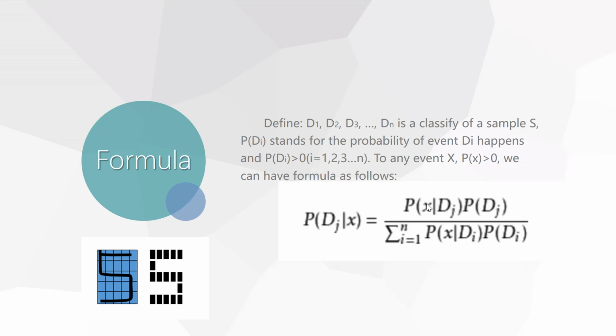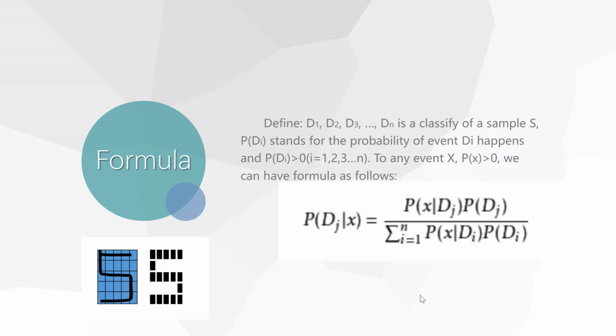As we defined, D1 to Dn is a classifier of a sample S, and P(Di) stands for the probability that event Di happens. P(Di) is larger than 0, and for any event X, P(X) is larger than 0. We have the following formula. The denominator is the summation of P(X|Di) and P(Di).